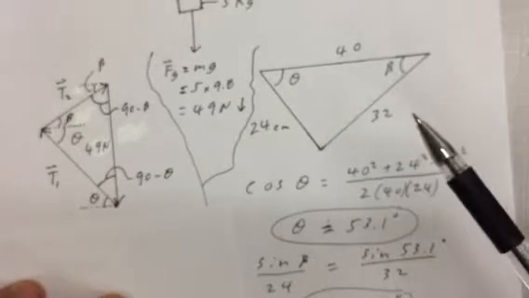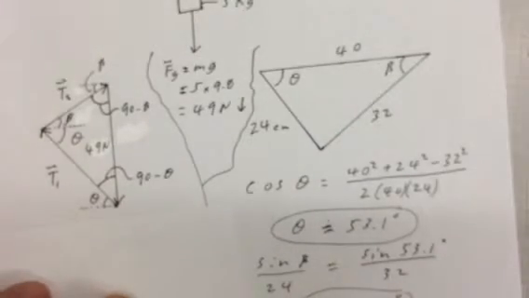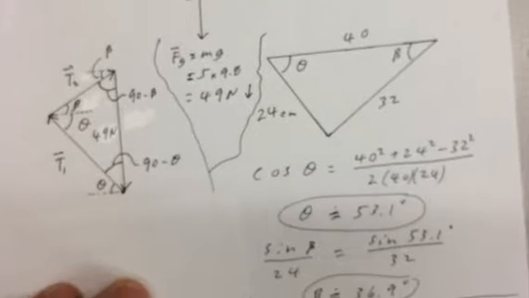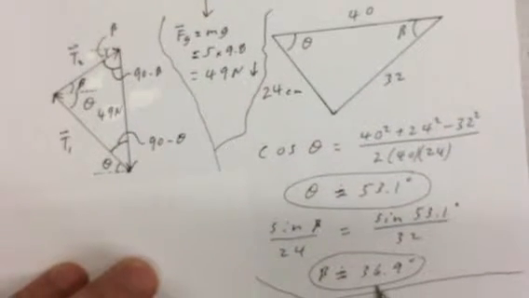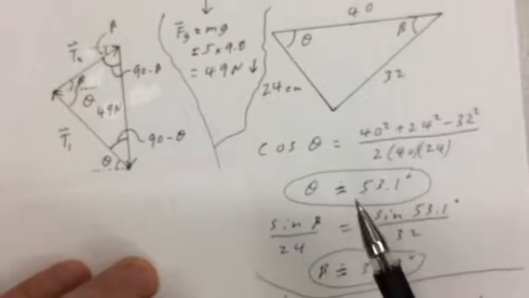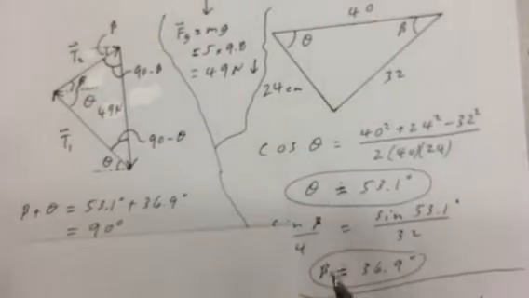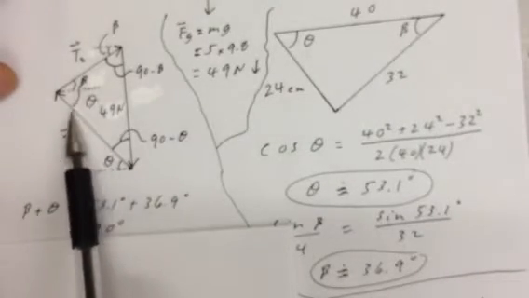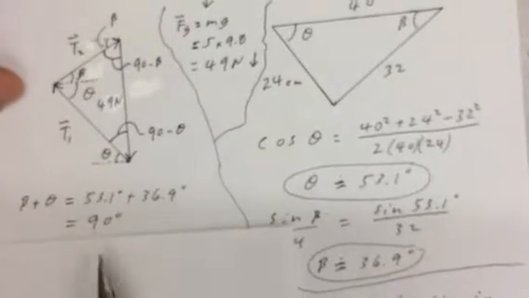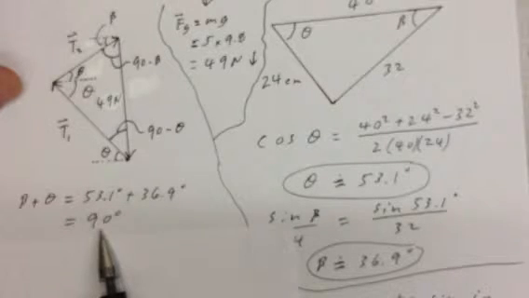And to find beta, you could also use the cosine law again. Or I find it easier to use the sine law. So the sine law gives me sine beta over 24 equals sine 53.1 over 32. So that's using the angle that we found, and that gives me 36.9 degrees. Take those two angles and add them together to get the angle that we're looking for in here between the two tensions, and it ends up being 90 degrees, which is very convenient.